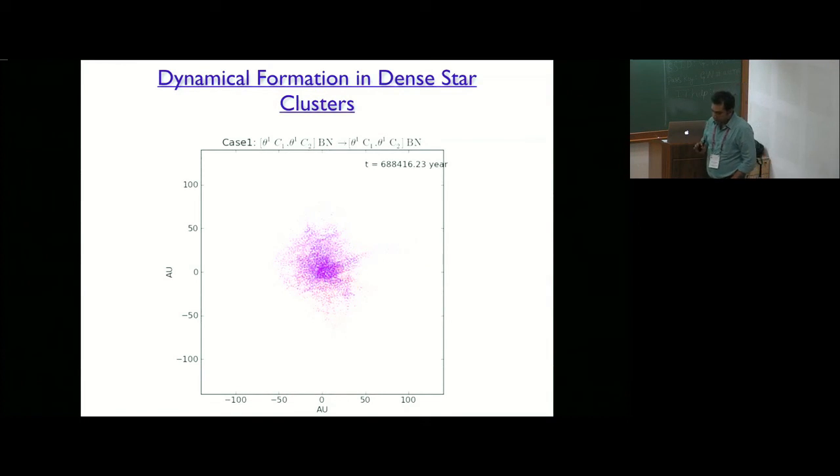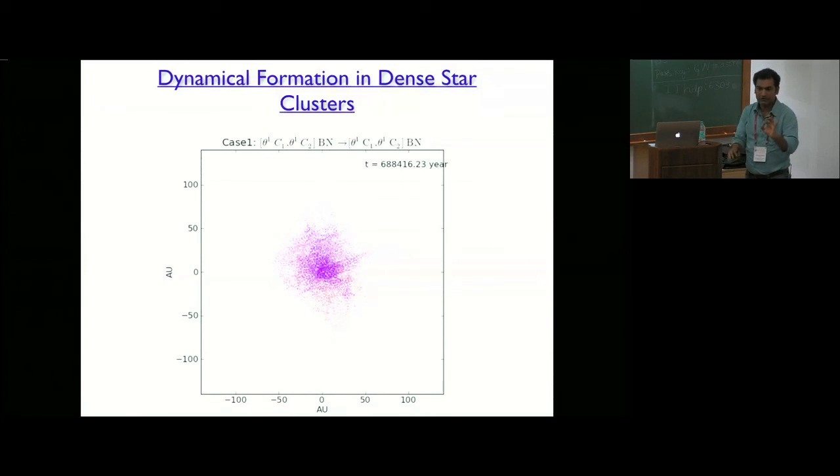So this is a well-known result in dynamical simulations. If a binary is hard, means the energy of the star that is coming in, star or binary, is not sufficient to break this binary. That means it's hard. Okay.